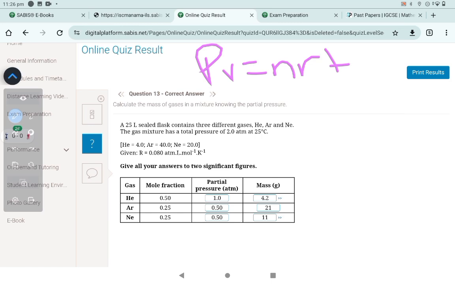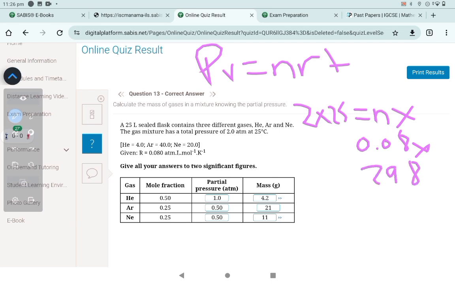We have 2 times 25 is equal to n times 0.08 times the temperature, 25 plus 273, so 298. We get 0.08 multiplied by 298.